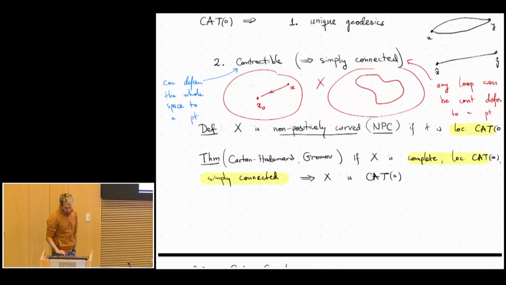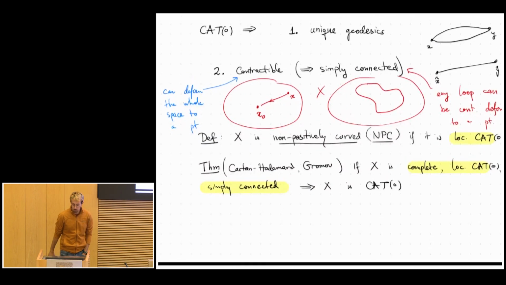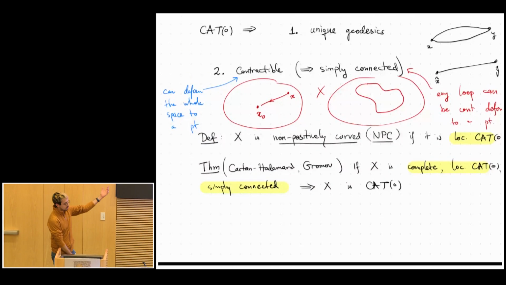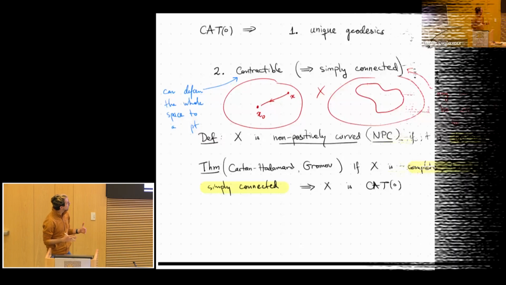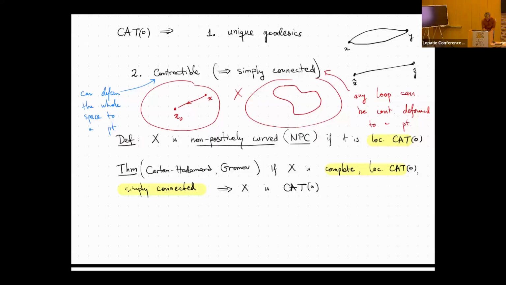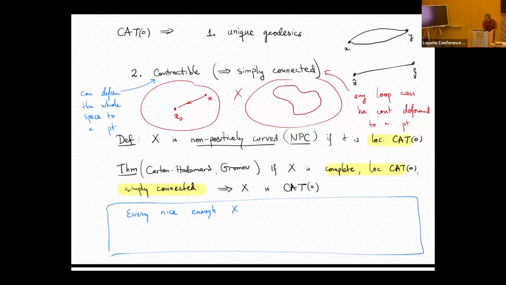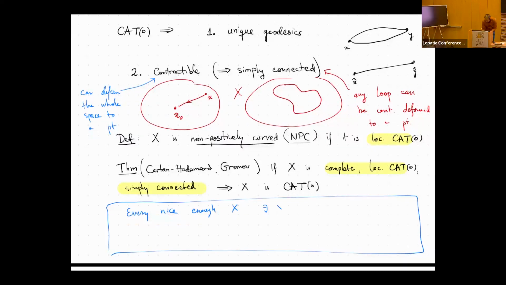In a sense, this is a recipe for us to build CAT(0) spaces, and to achieve simple connectivity, one can pass to what's called the universal cover. Every nice enough space has a space that locally looks like the original space. I don't know how much of a crash course on covering space theory I want to give, but for every nice enough X, there exists a new space X tilde, which is called the universal cover.